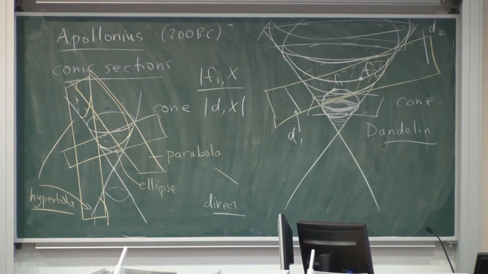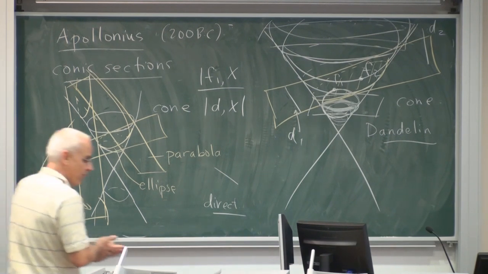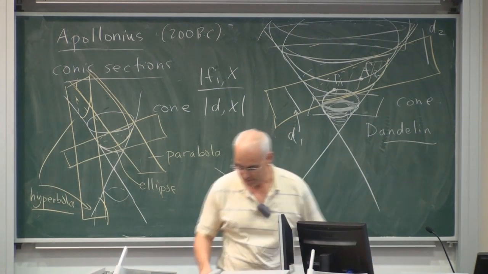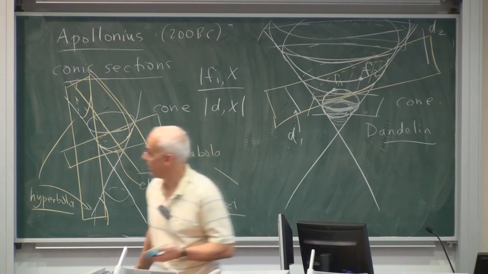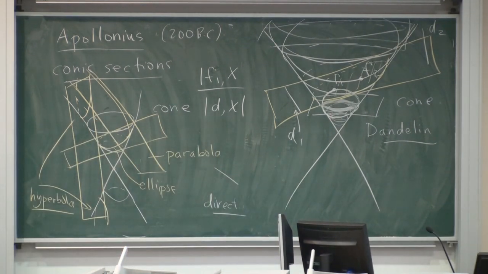Okay, there's one more theorem that I have to tell you about, which is very important for the history of math, that came a little bit later in the story. It's not to do with conics. It's the theorem of Pappus.